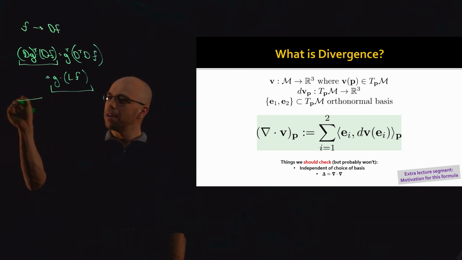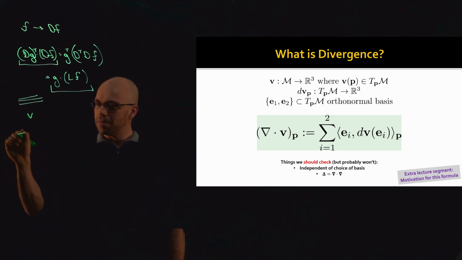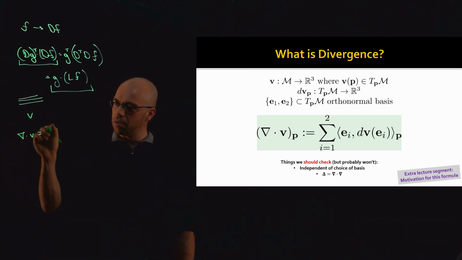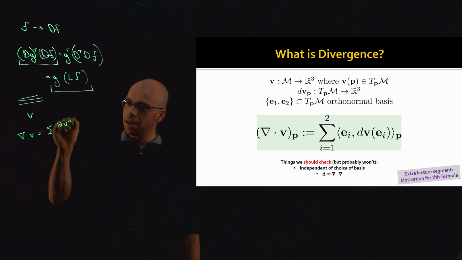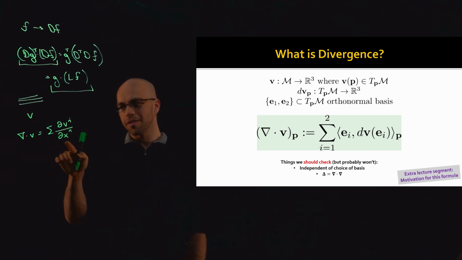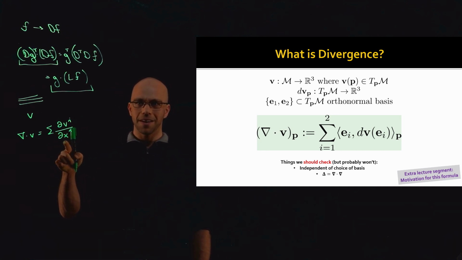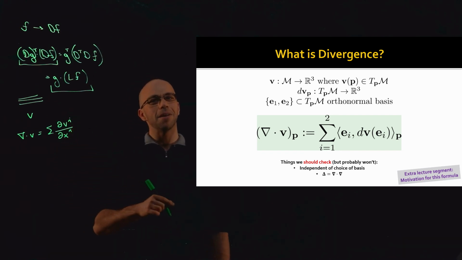So remember, if I have a vector field v in the plane, then the divergence of v is just equal to the sum of dvi over dxi. In other words, I take the x derivative of the first coordinate plus the y derivative of the second coordinate and so on.